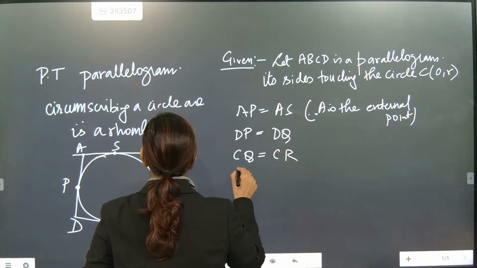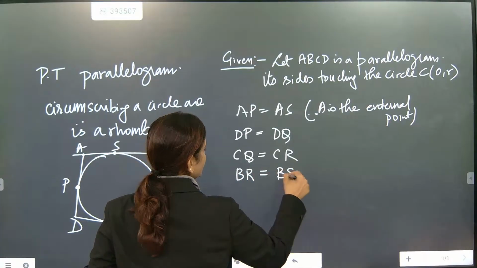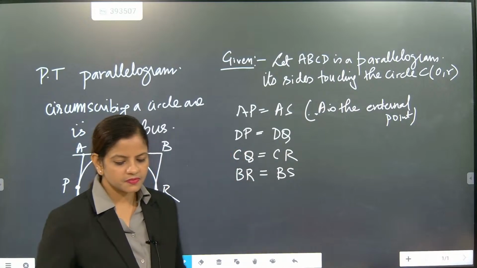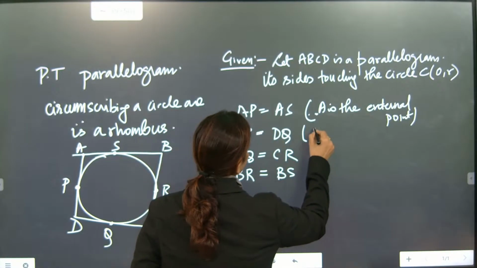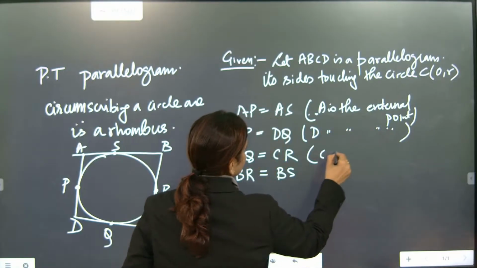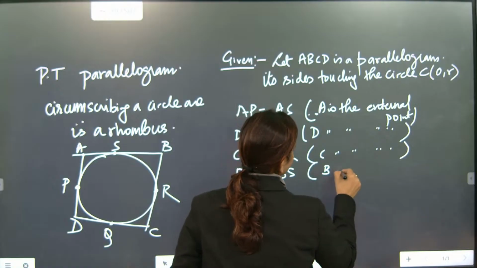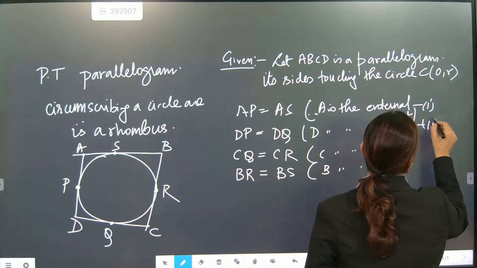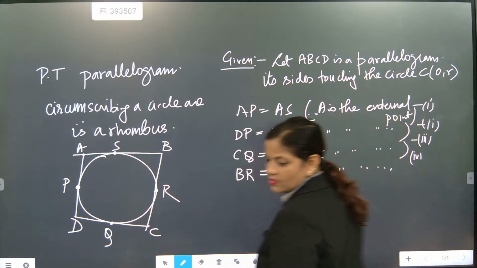And B is the external point means BR is equal to BS. So this is equation 1, equation 2, equation 3 and equation 4. I think it is done only.